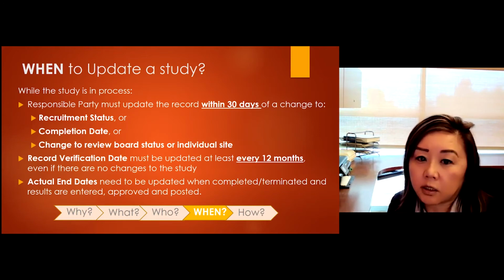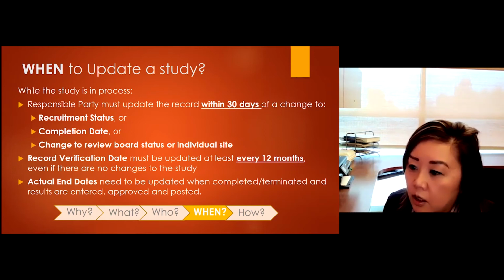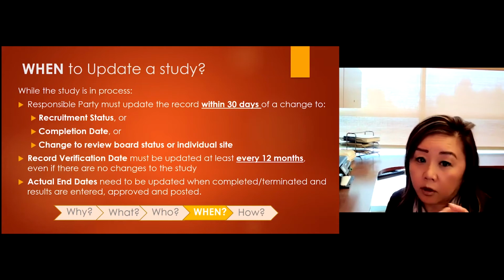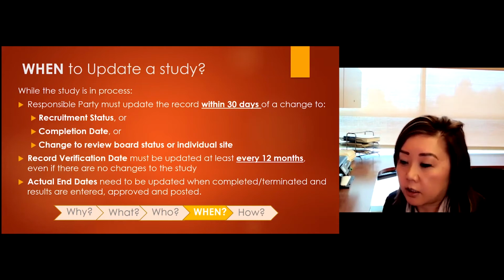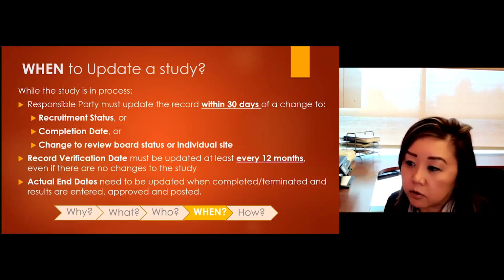So they want to see some type of activity on an annual basis if nothing changes within that study record. Otherwise, it'll automatically pop up as a warning or an error, just based on that record verification date, the last time you entered that study.